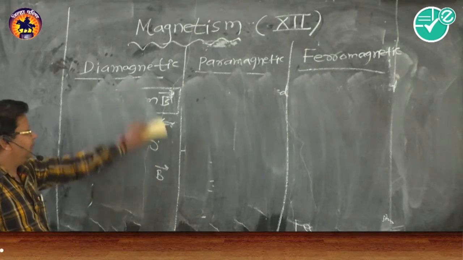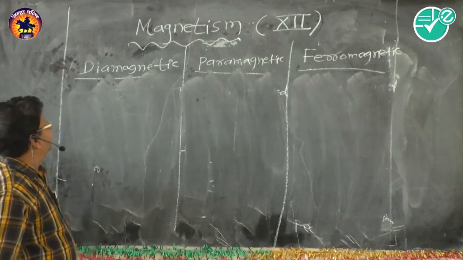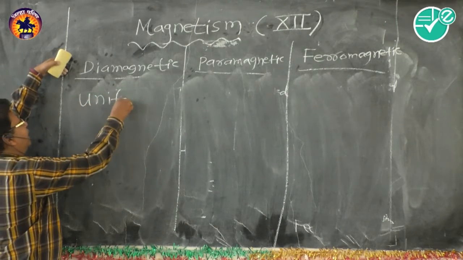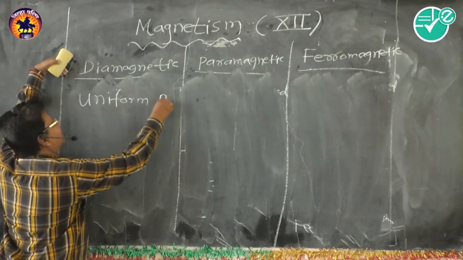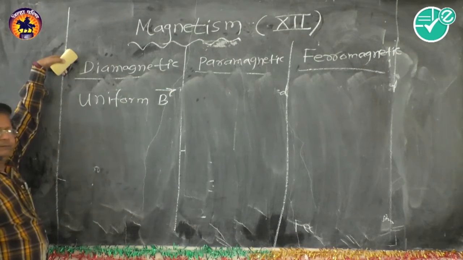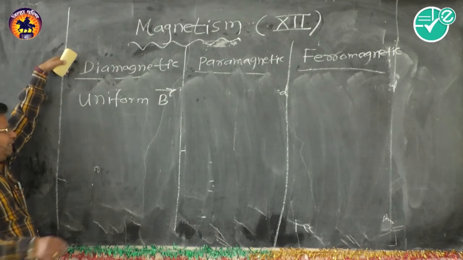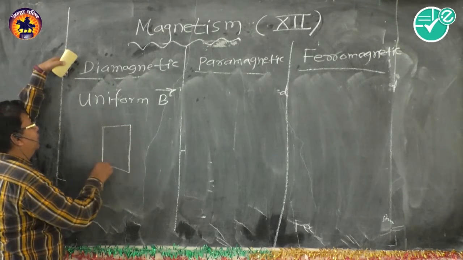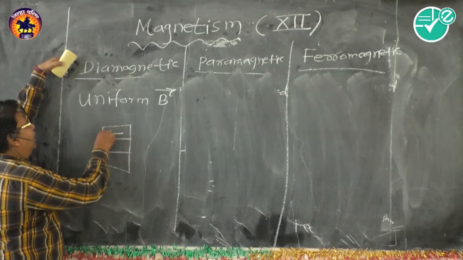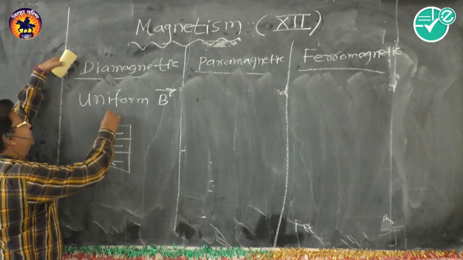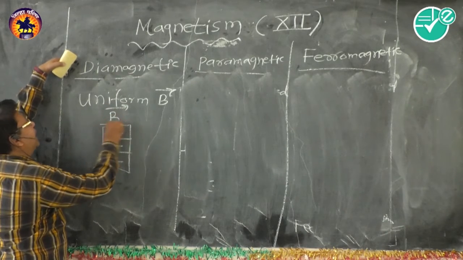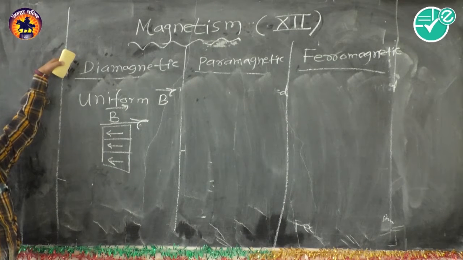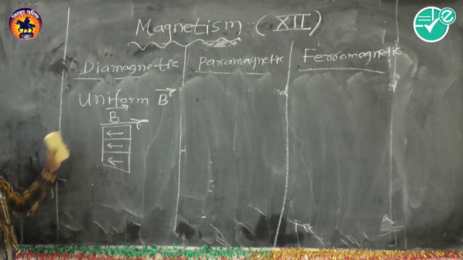The next property is, if a diamagnetic substance is placed in a uniform external magnetic field, then the magnetic dipole moments are aligned in the direction opposite to that of the external uniform magnetic field.